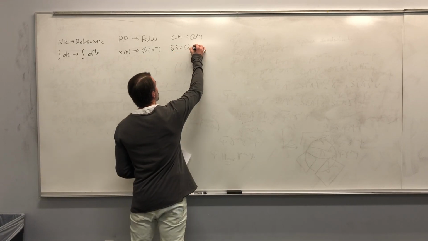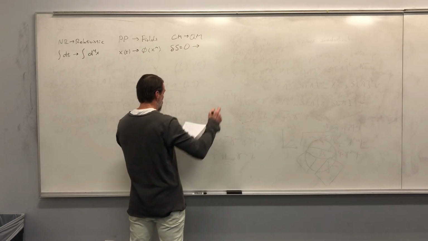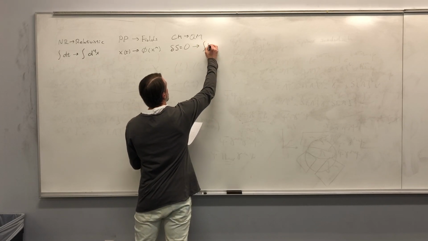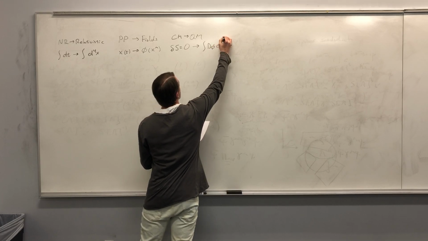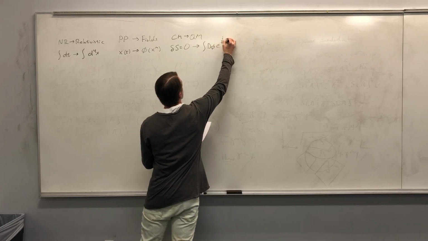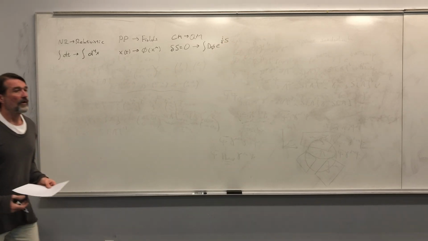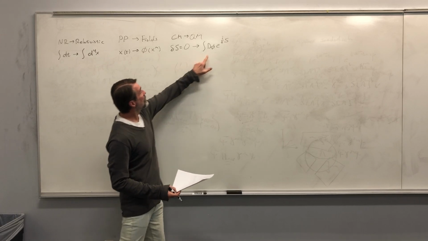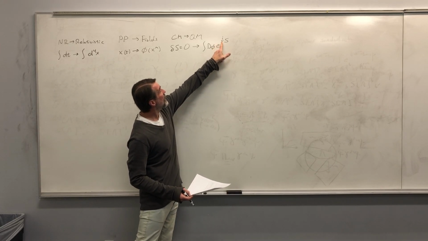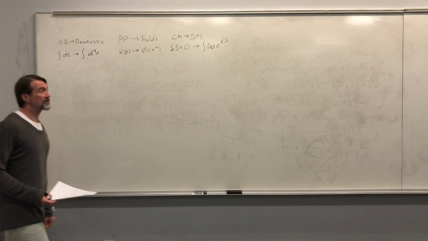This is going to be replaced by this construction, where I'm integrating over the field degrees of freedom with a weight of e to the i over h bar times the action S.